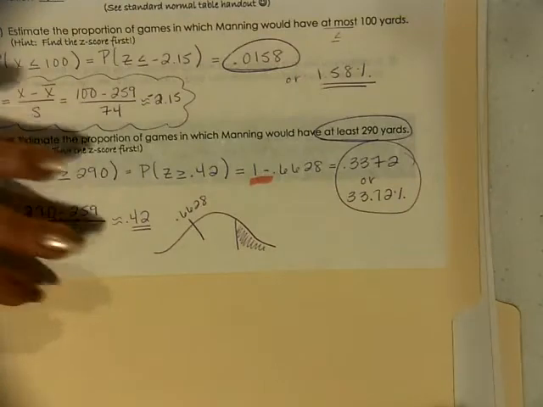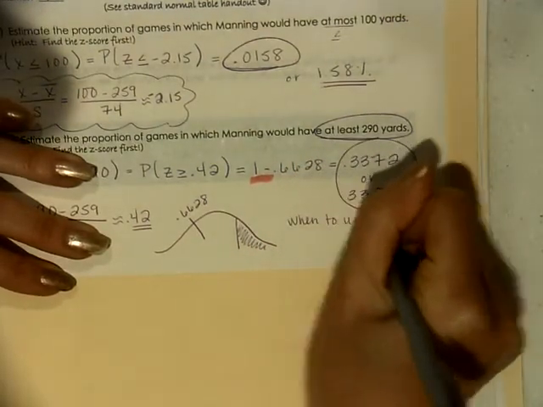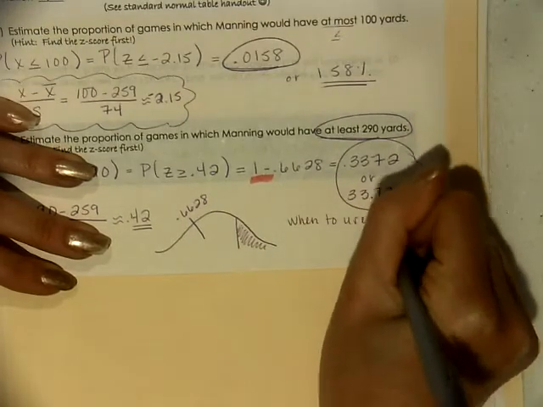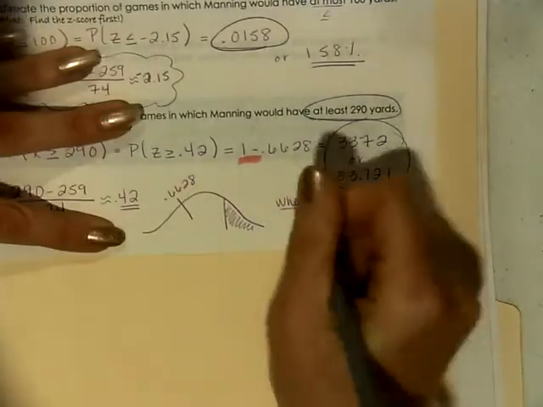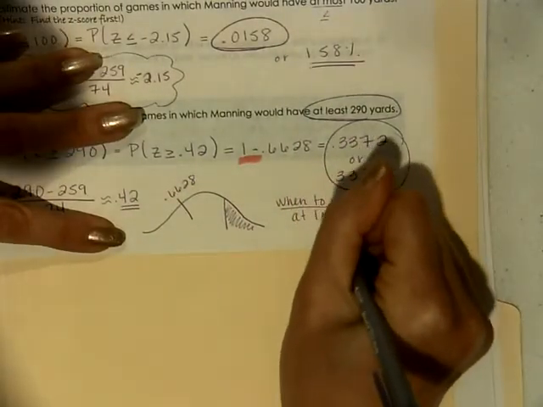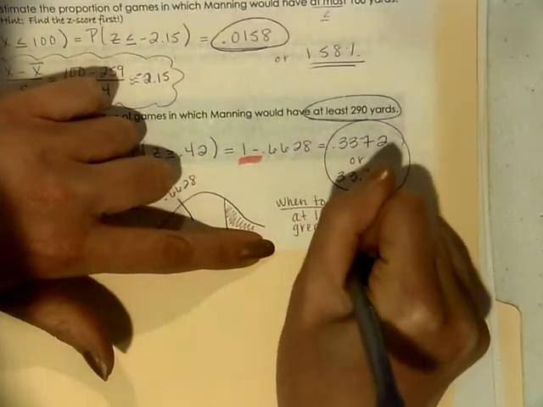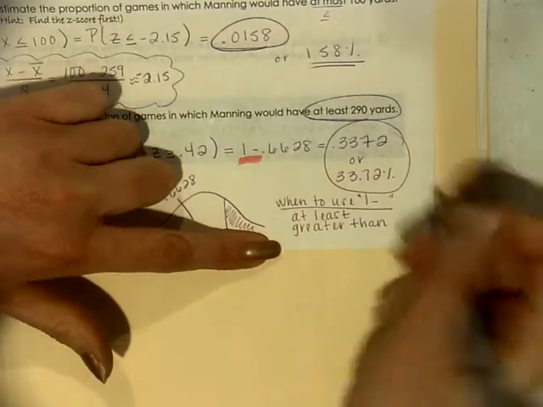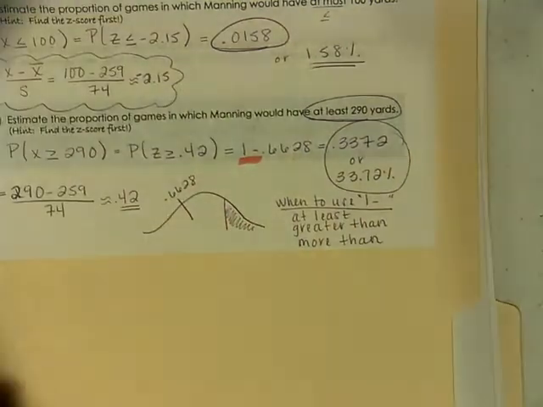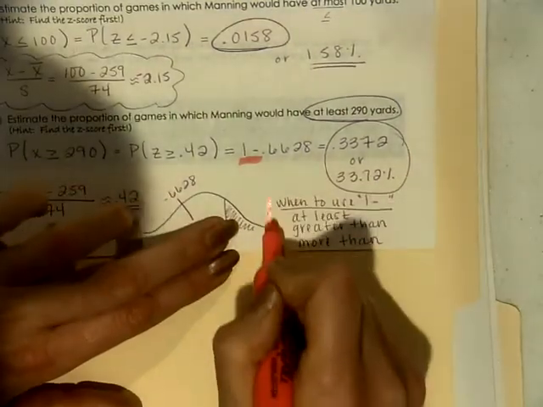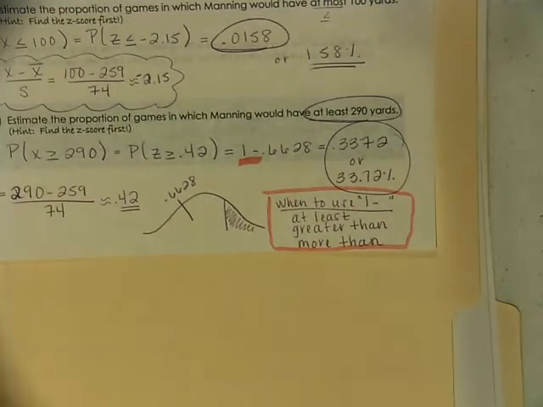So a lot of times a question asks you for at least, because at least means bigger, greater than, or more than. All of these refer to finding the area where the value is bigger than a given data point. Okay?